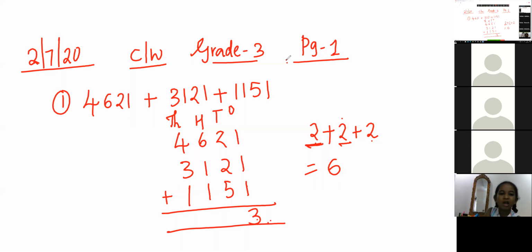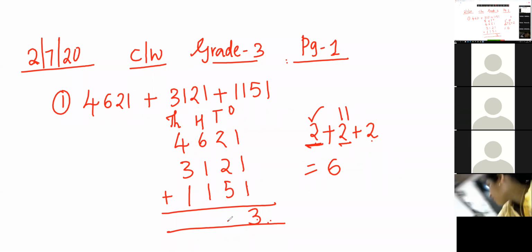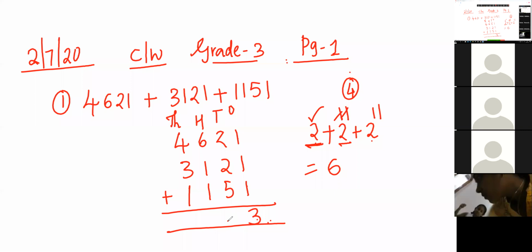First keep 2 in the mind, 2 fingers open. All of you open your 2 fingers. 2 in the mind, 2 fingers open: 2 after 3, 4. Completed. Now keep 4 in the mind. Next again 2 fingers open: 4 after 5, 6. Okay. Now here you have to write 6 under the tens place.